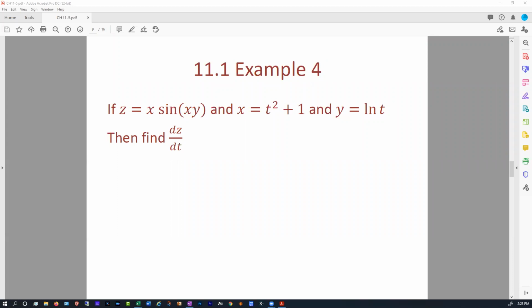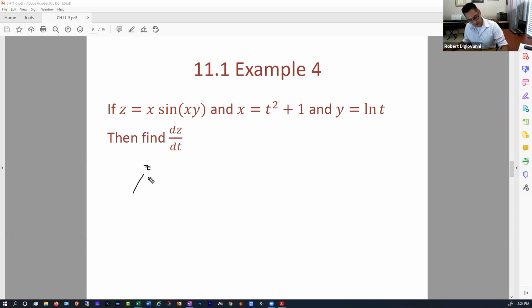Okay, I'm back. So we have z depends on x and y, and x depends on t, and y depends on t. When I look at this, the way I think through it is, when I go from z down, I split.